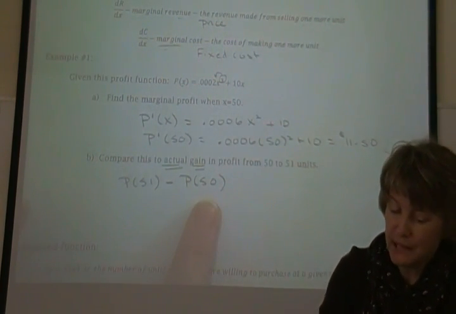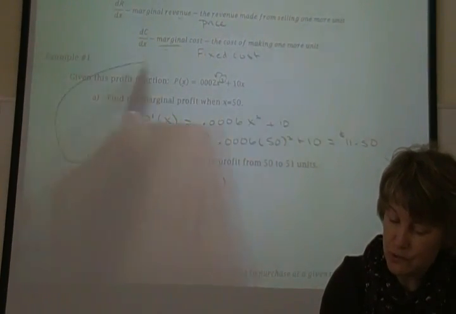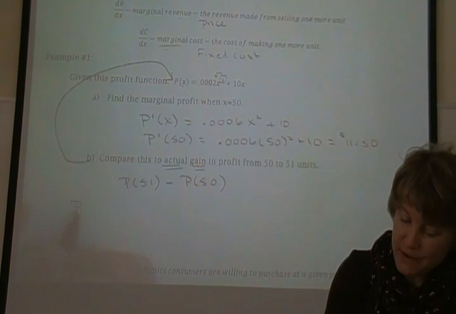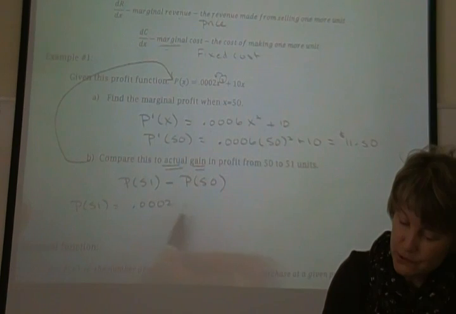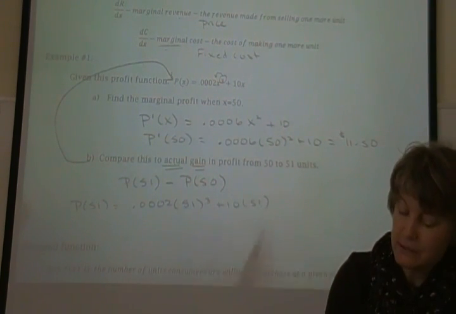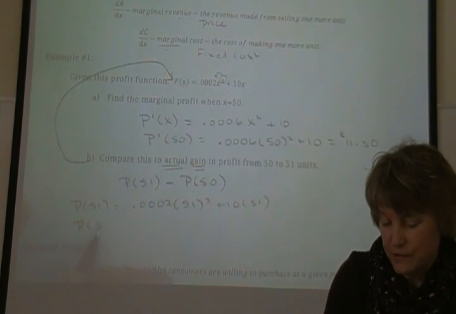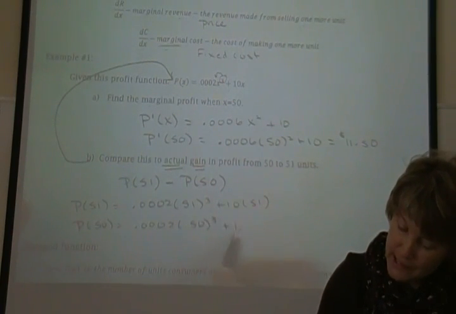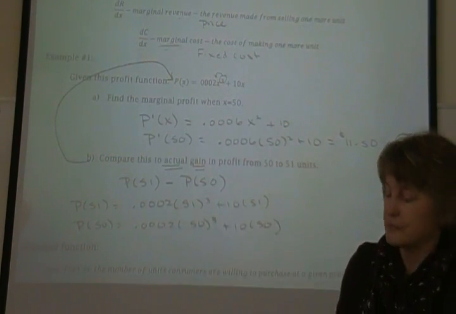So in this case, I'm plugging back into my original profit function. I'm going to get the profit for 51 units is 0.0002, 51 cubed plus 10 times 51. And the profit for 50 units was 0.0002, 50 cubed plus 10 times 50.